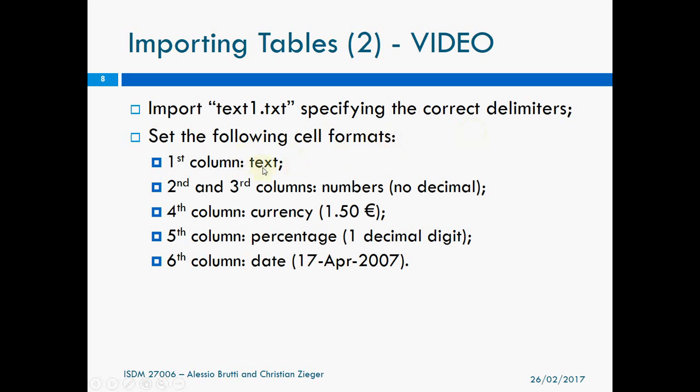The second and the third columns must be numbers with no decimal digits. The third column has to be currency with this format for the euro. The fifth column has to be percentage with only one decimal digit. The sixth column should be formatted to date with this type. Now let's open Excel.